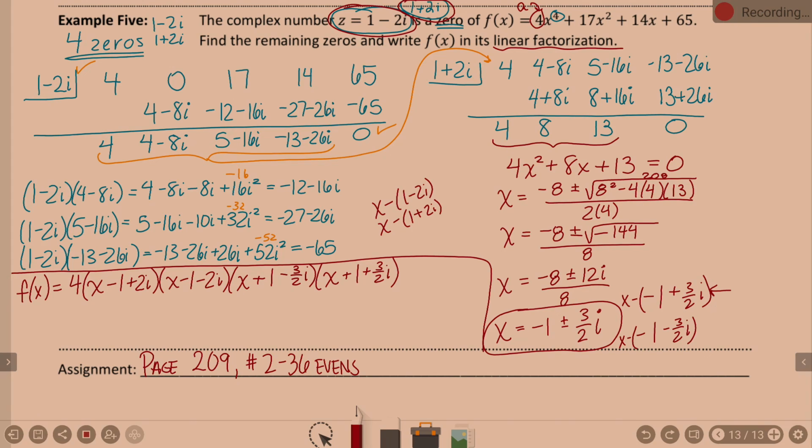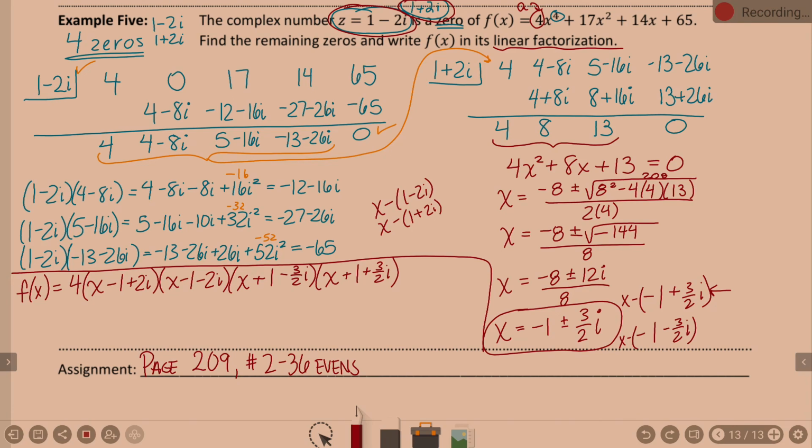Okay. Now, one last step. Here's the deal. The answer key's not going to leave it like this, because do we normally have fractions within our factors? Not normally, right?